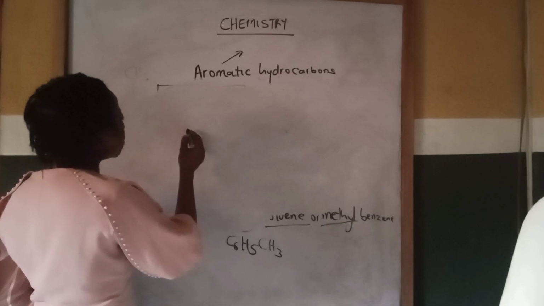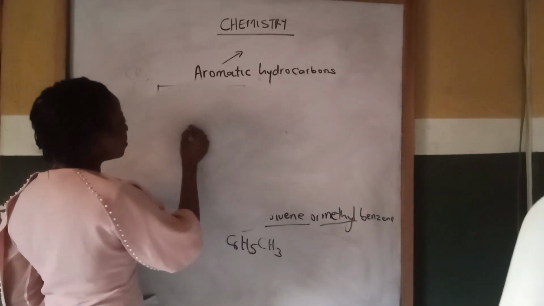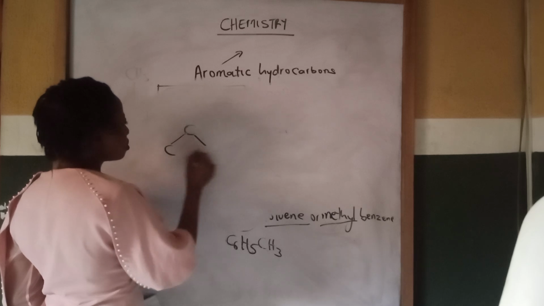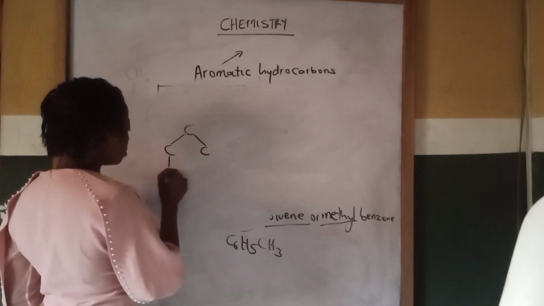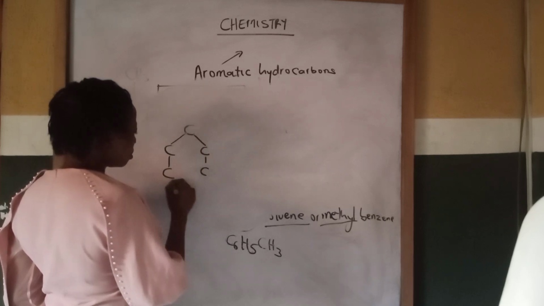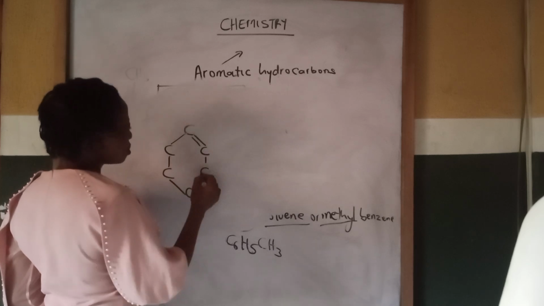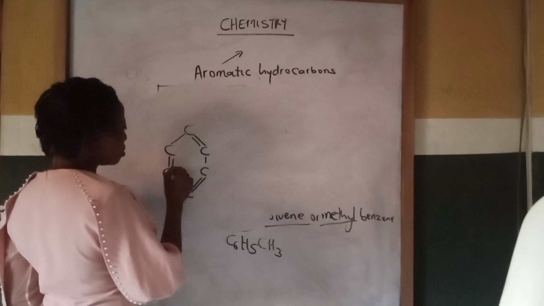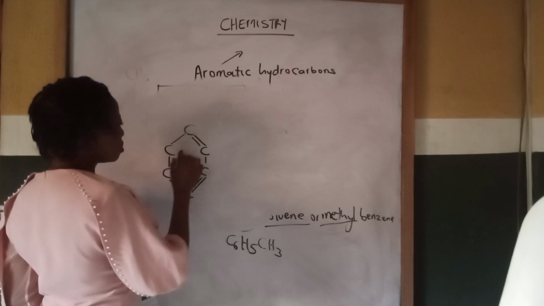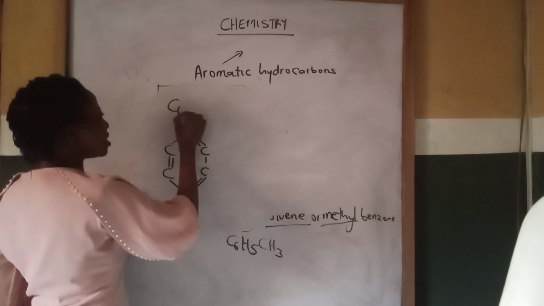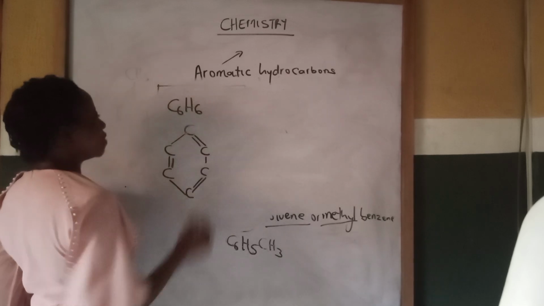The structure can be in this form, the first structure of benzene. Don't forget that the molecular formula is C6H6.